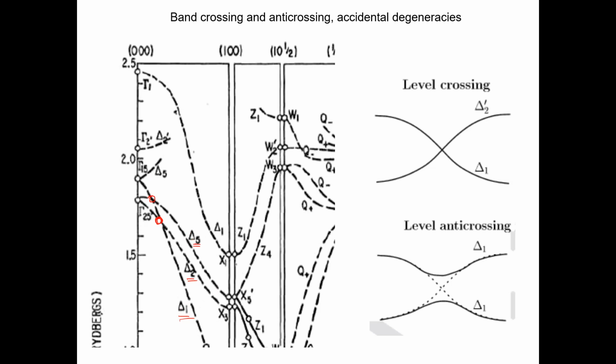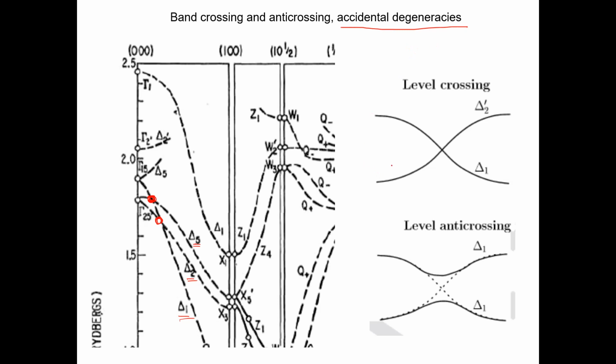So whenever they cross here, it seems that I have a threefold degenerate state here. But this is not truly a degenerate state in terms of symmetry, but this is what we call an accidental degeneracy.